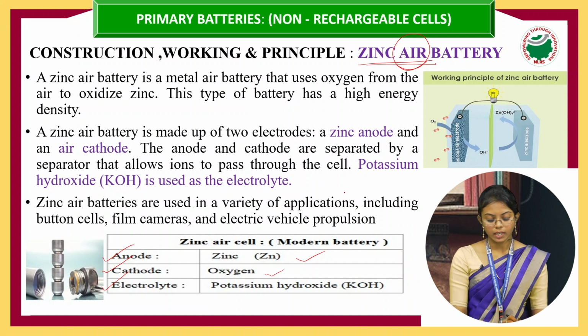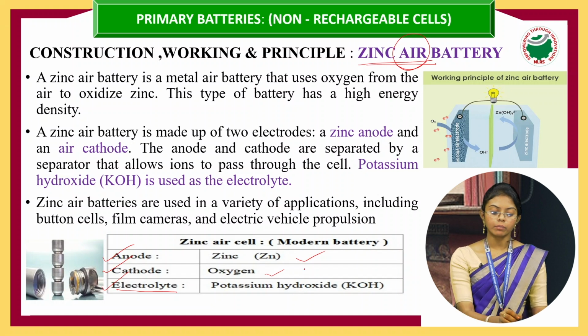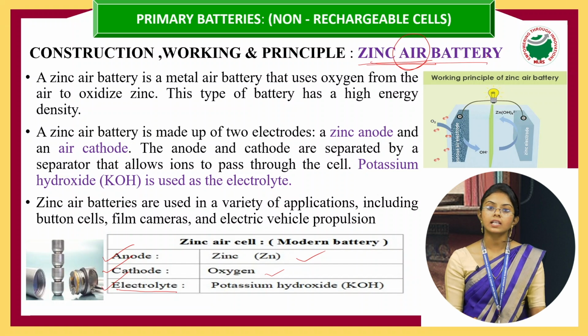Next, as I said, anode, cathode, and the other one is electrolyte. Here we use the electrolyte, that is potassium hydroxide. One more thing, the zinc air battery we also call an alkaline battery. Why? Because in zinc air battery the electrolyte solution is an alkaline solution.